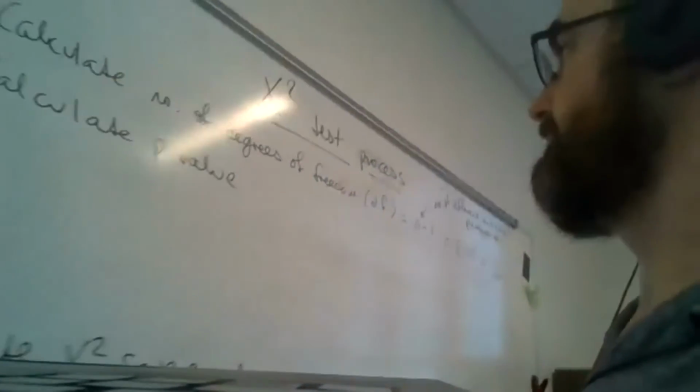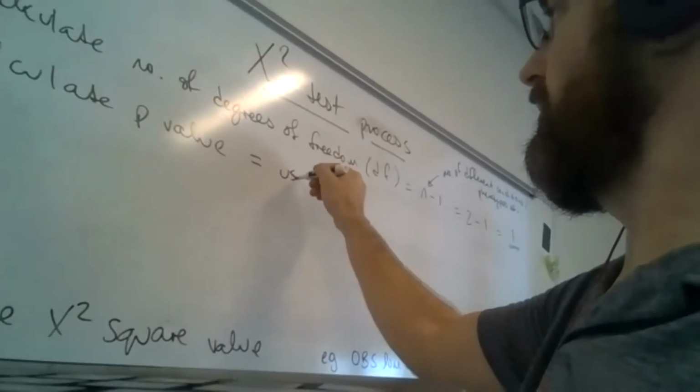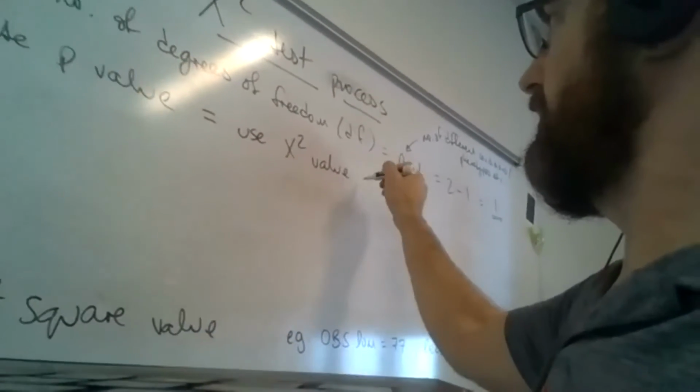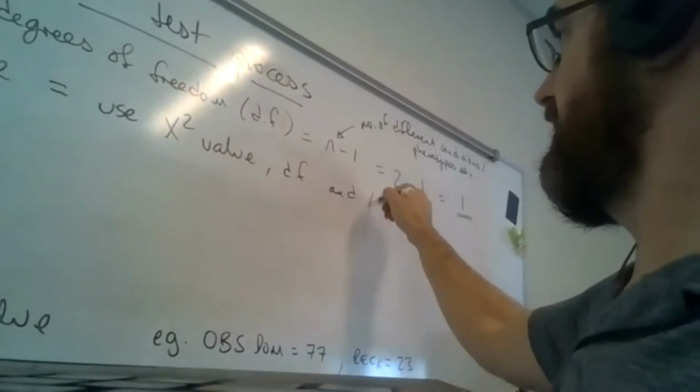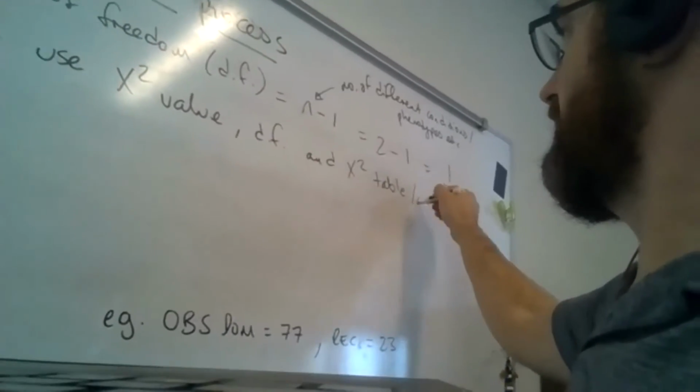And to do that, we use chi-squared value, degrees of freedom, and chi-square table or chart.